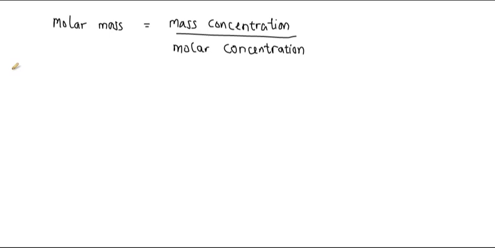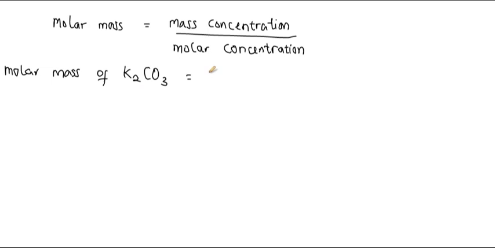So the molar mass of potassium carbonate, which is K2CO3, will be equal to the sum of the atomic mass of each atom present in the compound. So for potassium, the atomic mass is 39, and we have 2 atoms of potassium present.